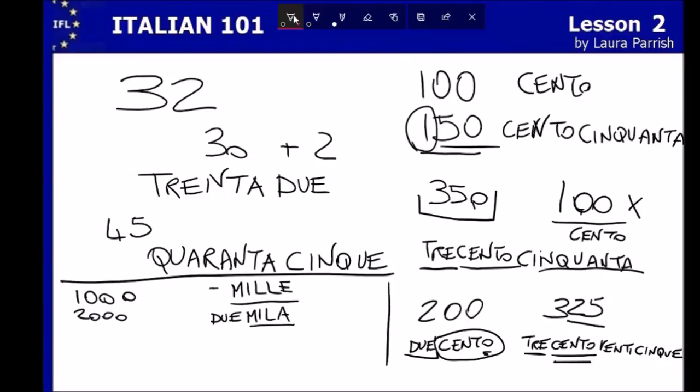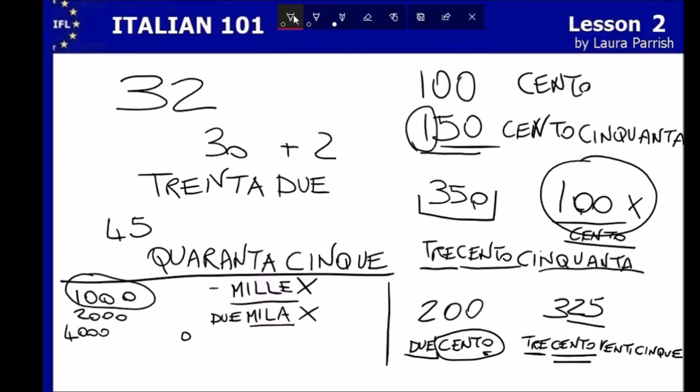So 100 does not have the plural. You keep it always 100. Instead, 1000 has an irregular plural. Singular is 1000, plural is 2000. Let's write another one. 4,000 is 4 because you have the number 4 here. So it will be 4 mila, because it's only one word, of course, because the plural is irregular.